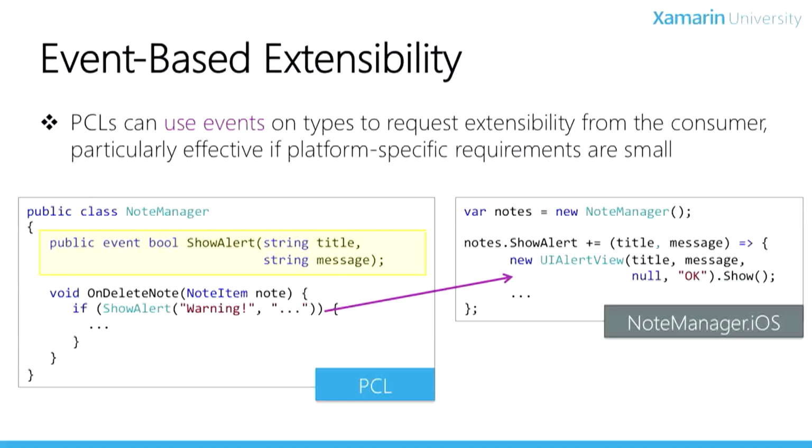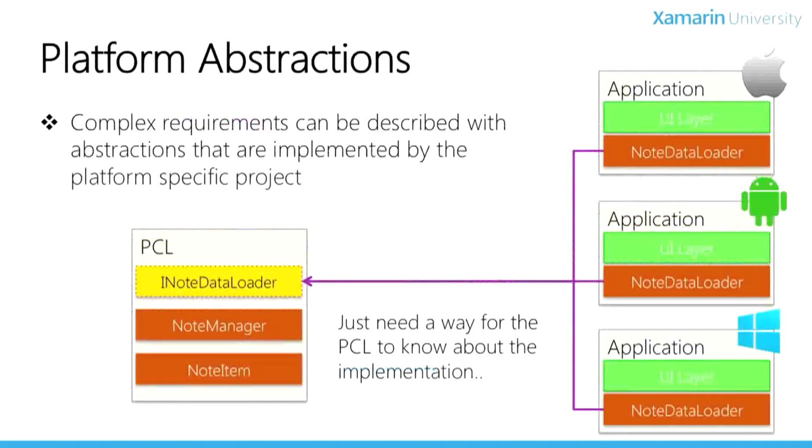And you could do similar code on the Android and the Windows Phone implementation using the appropriate API for the platform to display a dismissible alert. For more complex scenarios that might have associated behavior, we can provide a contract in the PCL in the form of an interface or an abstract class, and then provide an implementation of that contract in each of our platform-specific projects. And in this way, we push the platform logic into the platform assemblies.